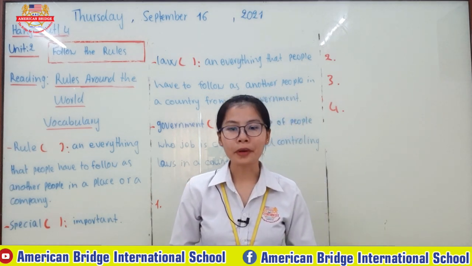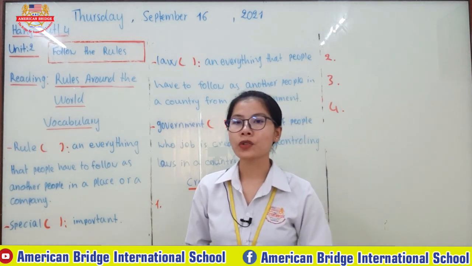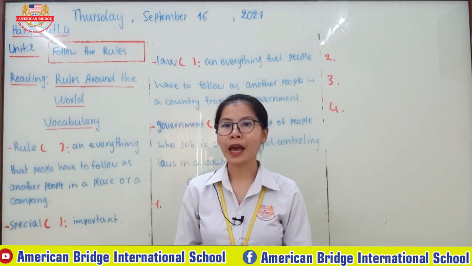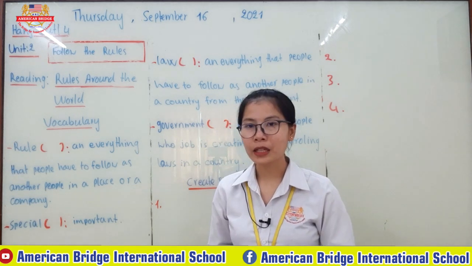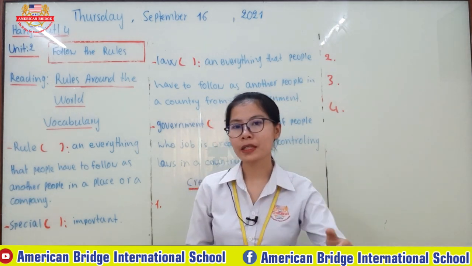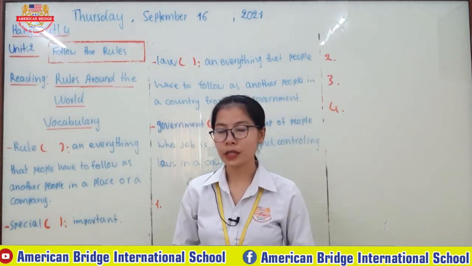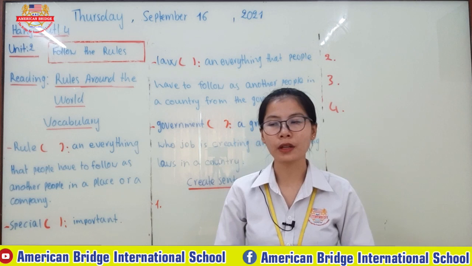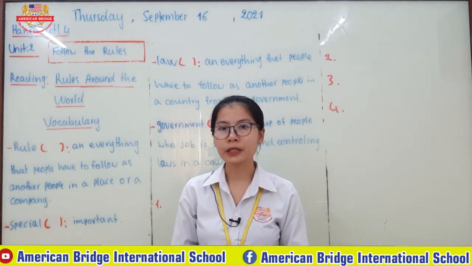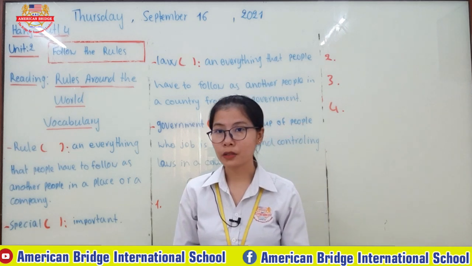For example, in your family, you also have rules. The rule that your father or your mother set for the children. So the children must follow based on what the parents said. It's not from the people in the country, it's not from the people in the school, or from the people in the company. This is the family rule, right? The rule that you follow from your parents.